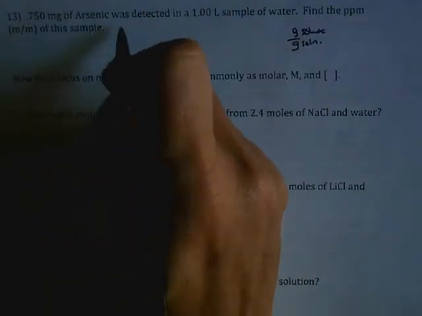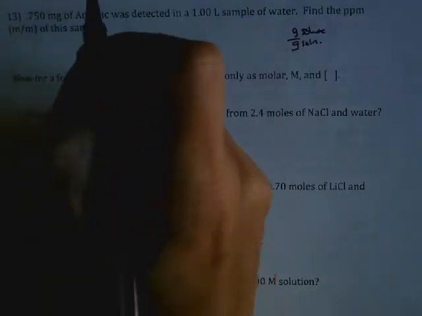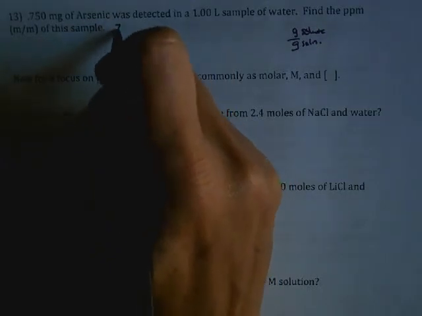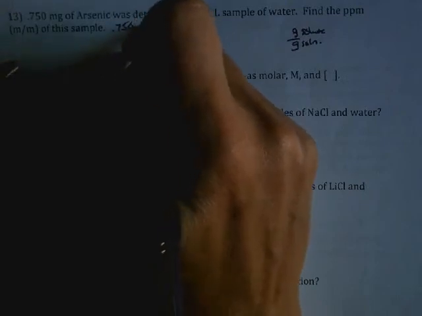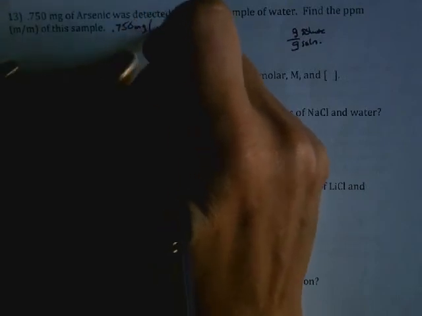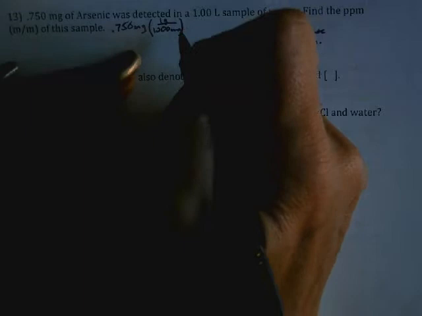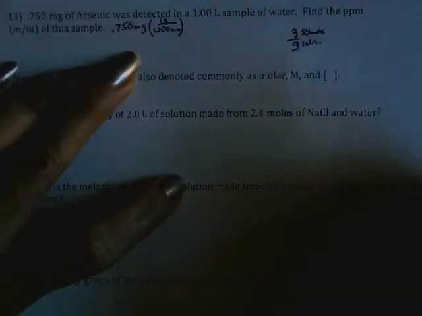So what I'm going to do for the top is I'm going to just convert milligrams into grams. 0.750 milligrams for every 1,000 milligrams, you got 1 gram. Remember, when we do unit conversions, we're just multiplying by a factor that is equal to 1.